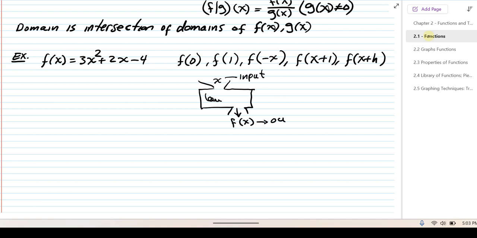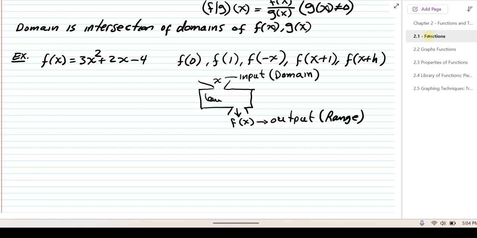This is going to be called the output. The input values make up the domain of the function, what possibly could be put into this machine to process. And the output, of course, is the result of the function working on that input, and that's going to be called the range, what comes out of the function.